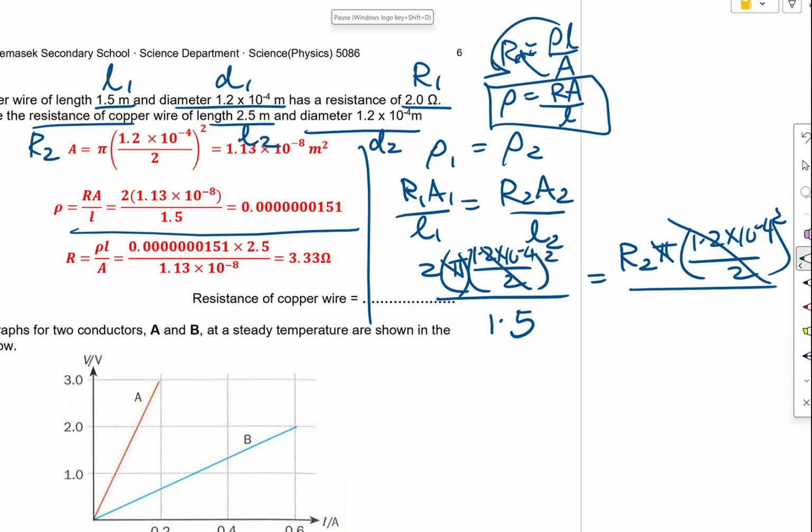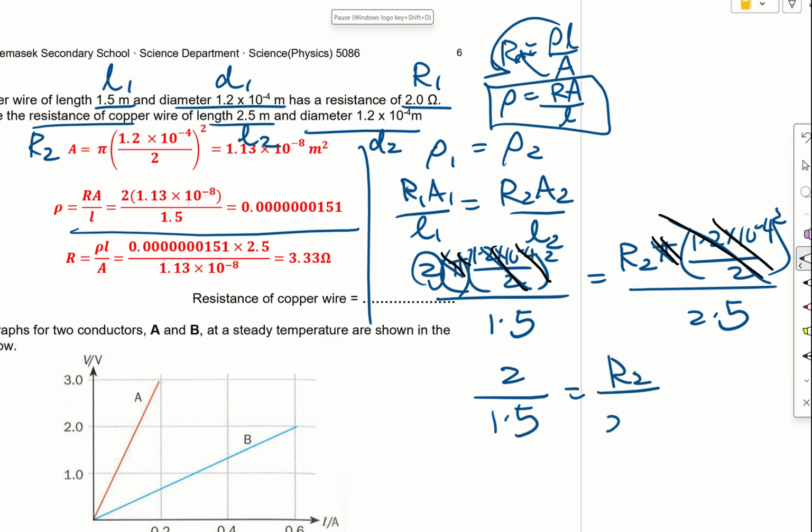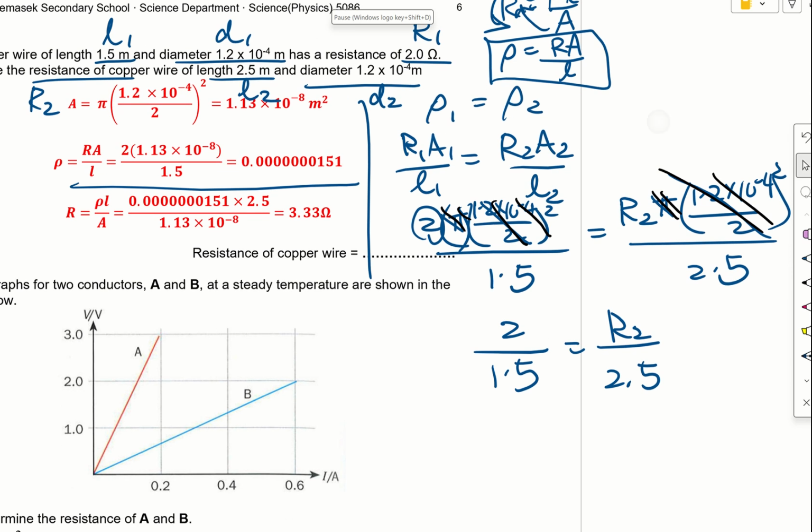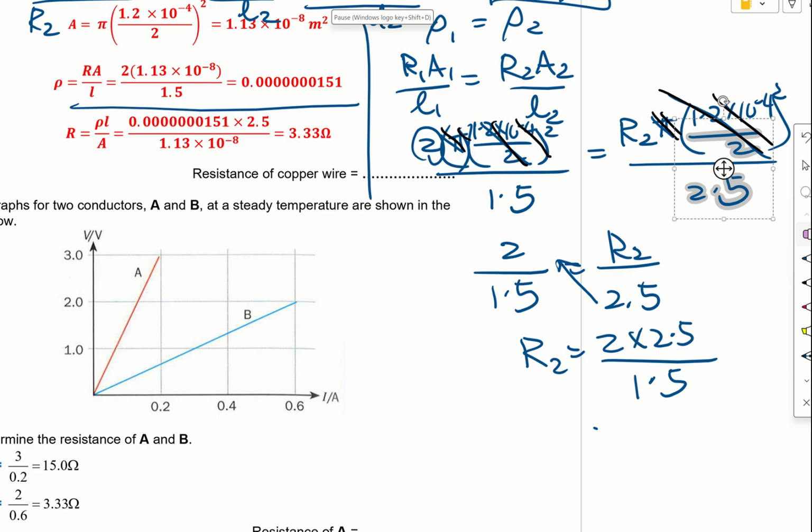Over the length, which is 2.5. Once I cancel this, I am left with 2 divided by 1.5 equals R2 over 2.5. So rearranging, make R2 the subject of the formula: 2 times 2.5 over 1.5. So I should be able to get 3.33.